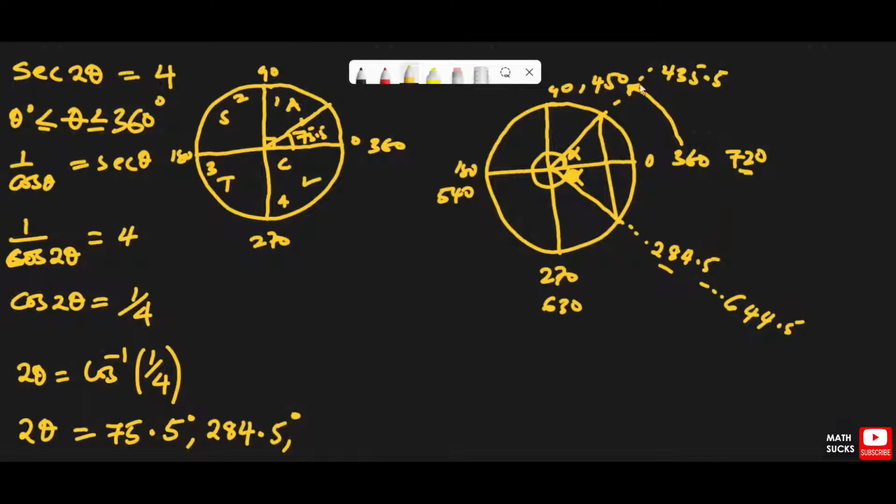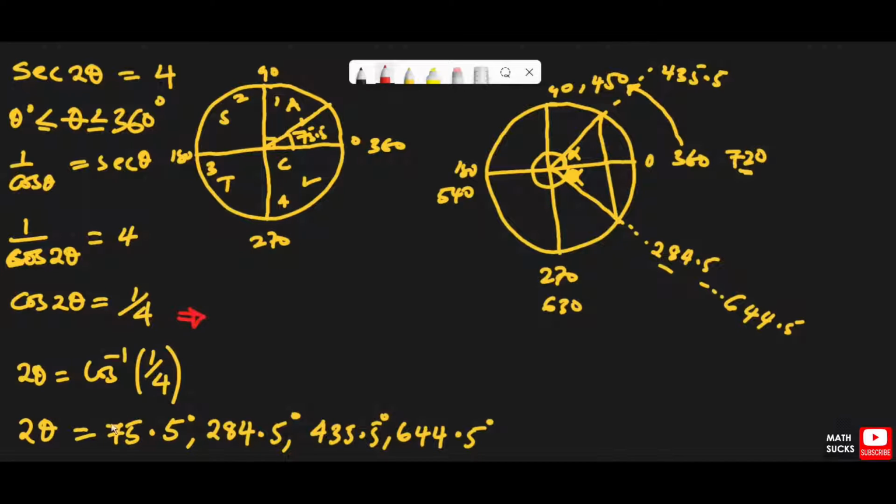We have 284.5, and then on the second rotation we have 435.5, and then when we come back here to complete the second rotation, we have 644.5 degrees.